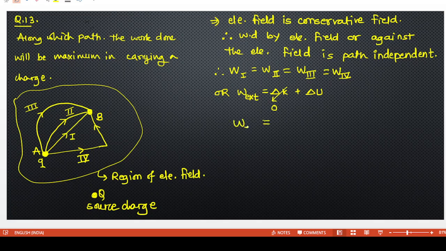So work done by the external agent will be exactly equal to change in its potential energy, that is, final potential energy minus initial. Finally it is at point B, so potential energy when it is at B minus potential energy when it is at A.